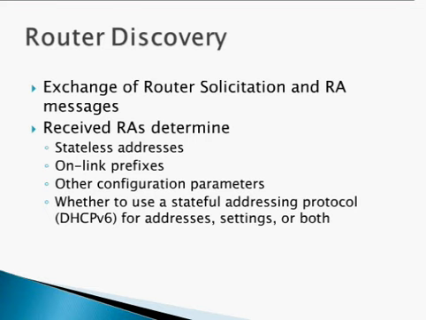Other configuration parameters like what is the default router so that I can create a default route on my routing table? What's the maximum transmission unit or MTU of the link? What are states of various timers and so on?